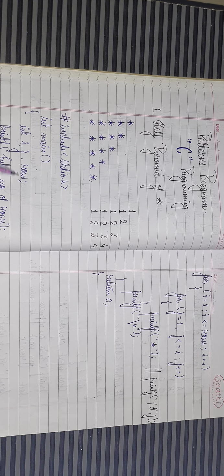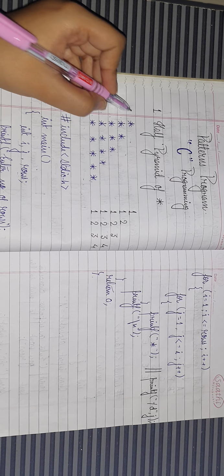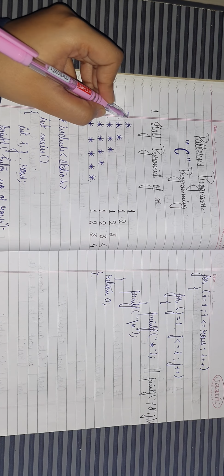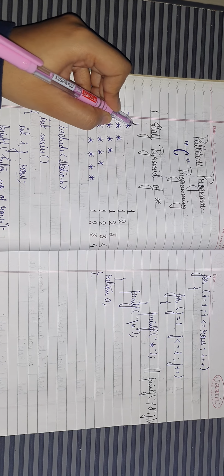That will be stored in rows. So i will define the row and j will define the column.